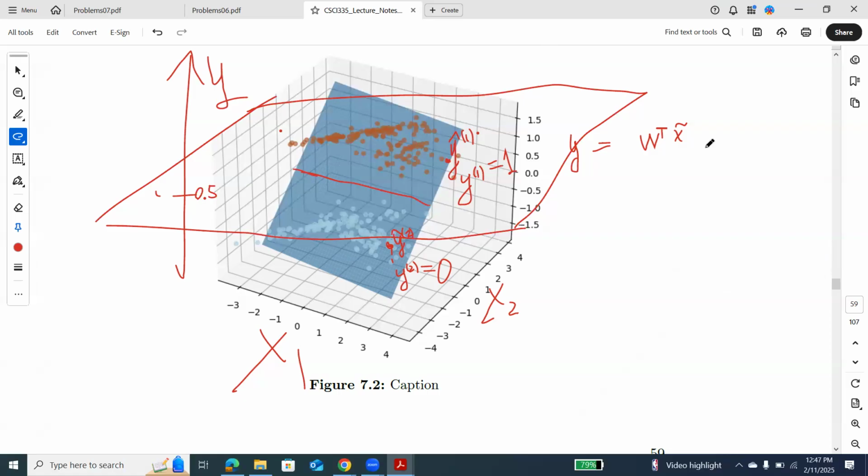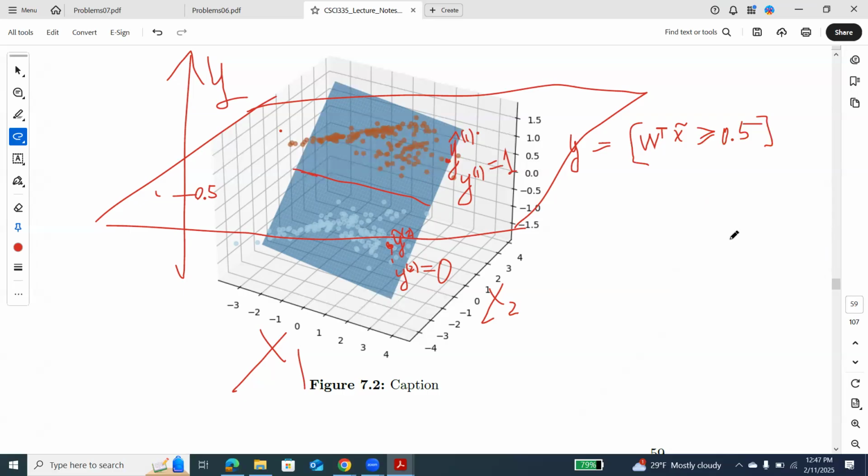So in other words, I can use the Iverson brackets notation. If my prediction is greater than threshold 0.5, I will return 1. So if the prediction is higher than 0.5, it will be true, and the Iverson brackets result in 1.